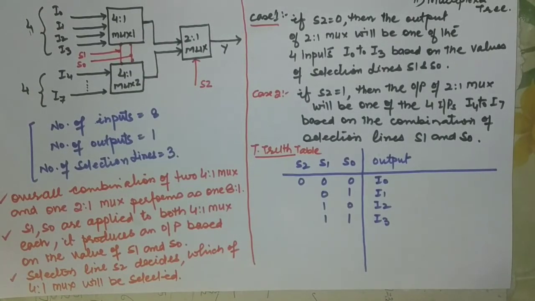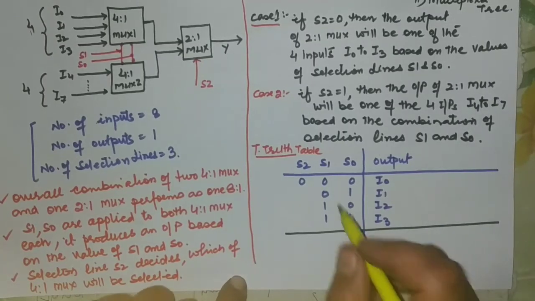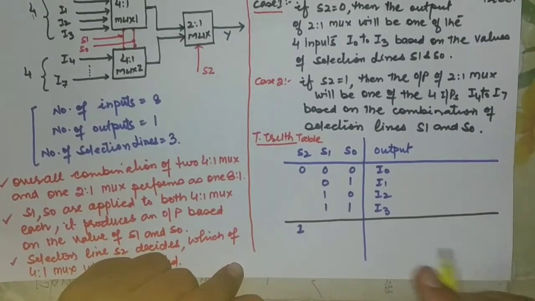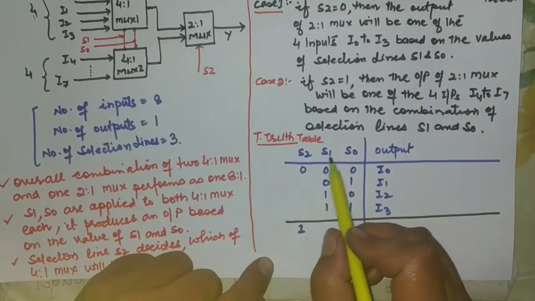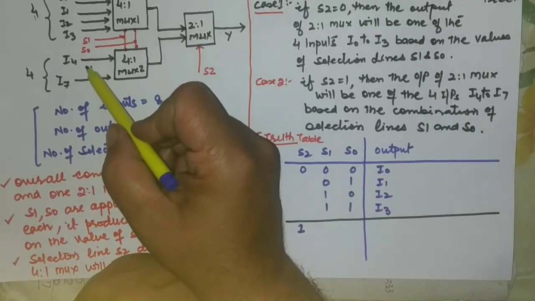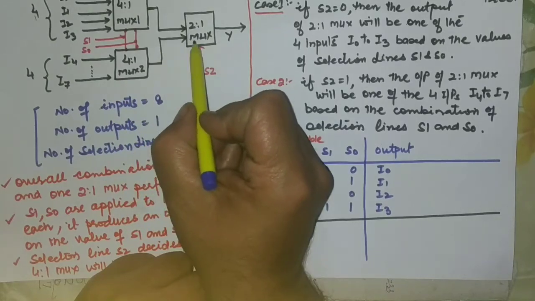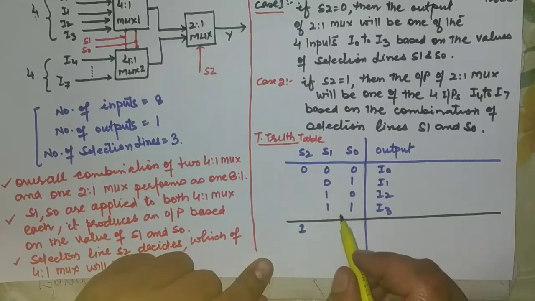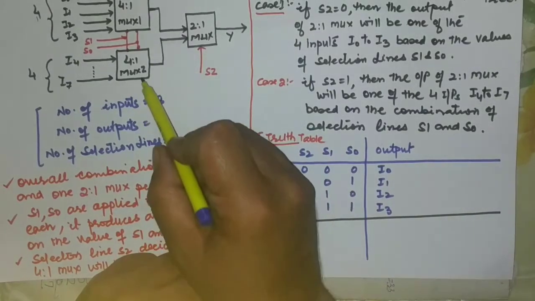And when S2 is equal to 1, then again the combination of S1 and S0 decides which input from I4 to I7 will be reflected as an output. So when S2 is equal to 1, this multiplexer will be selected.